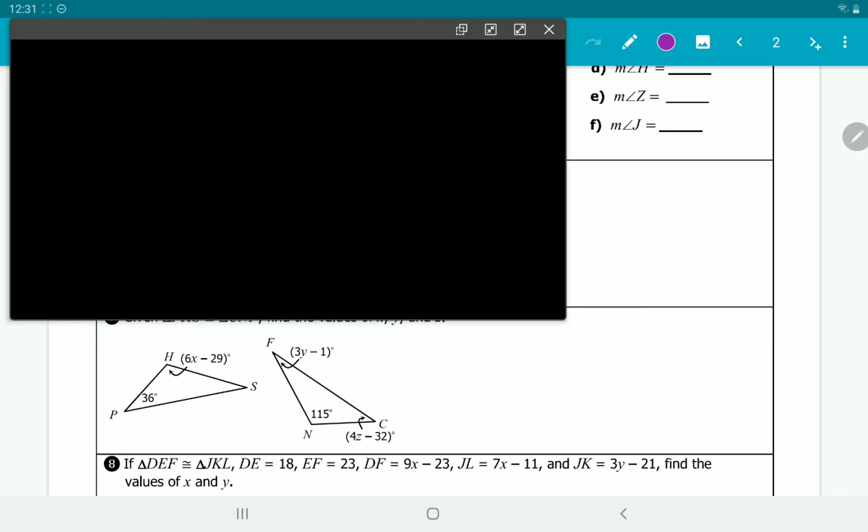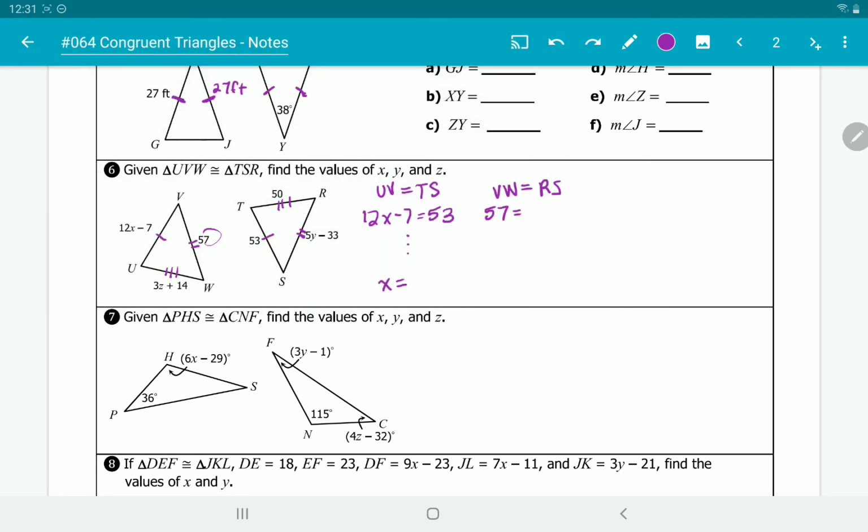And then we know here that RS here is 5y minus 33. Okay, and then from there, you just have to solve for y. So you'll add 33 to both sides and then divide by 5. And then lastly, we still have this UW side on the bottom here, and it's going to be the same as this side TR because it also has 3 tick marks.